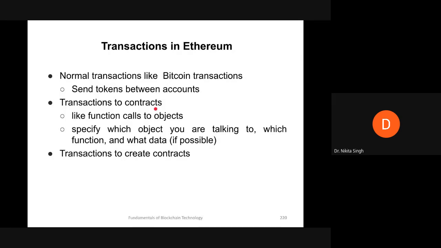It could be that a transaction is creating a contract. It could also happen that you are sending tokens between accounts. In Bitcoin, you could only transfer money through transactions. But here in Ethereum, you are using transactions not only to send money from one account to another, you're also using them to execute smart contracts, to launch your distributed applications, etc. So this is transactions in Ethereum.